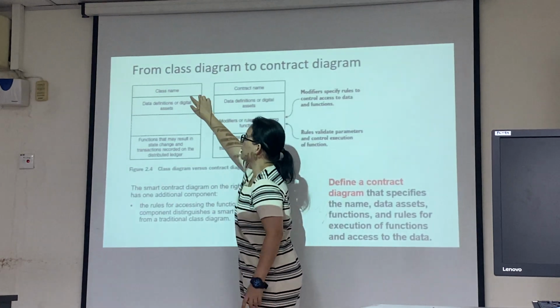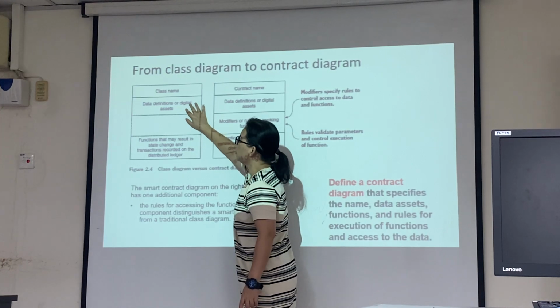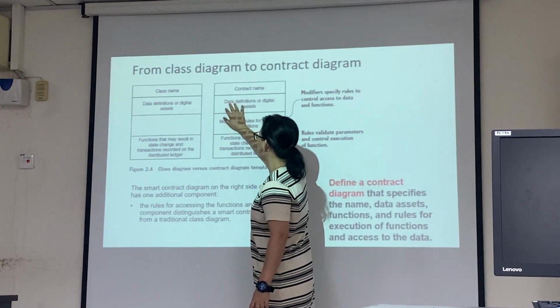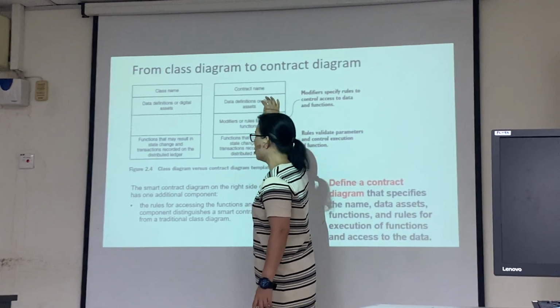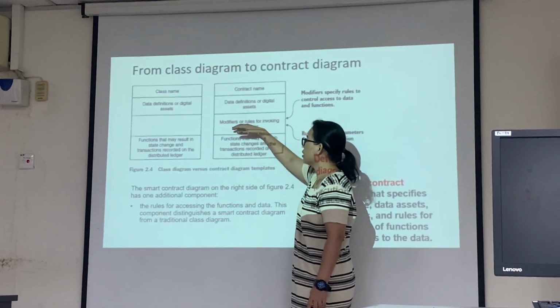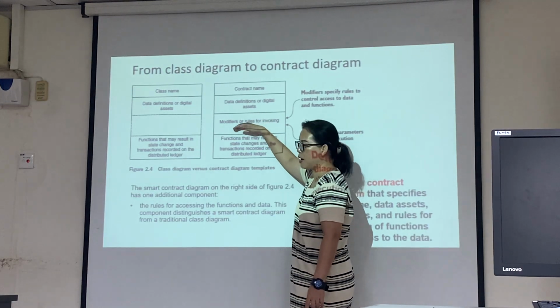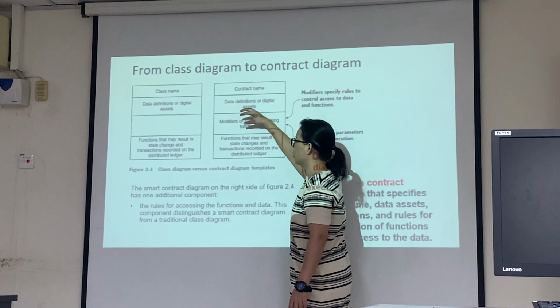The first row is the class name, that is the contract name. Then the data, the state variables that store the digital assets, you define in the second row. The third row is the modifier, the rules that need to be met when you are calling the function. So you write your function modifier on the third row.